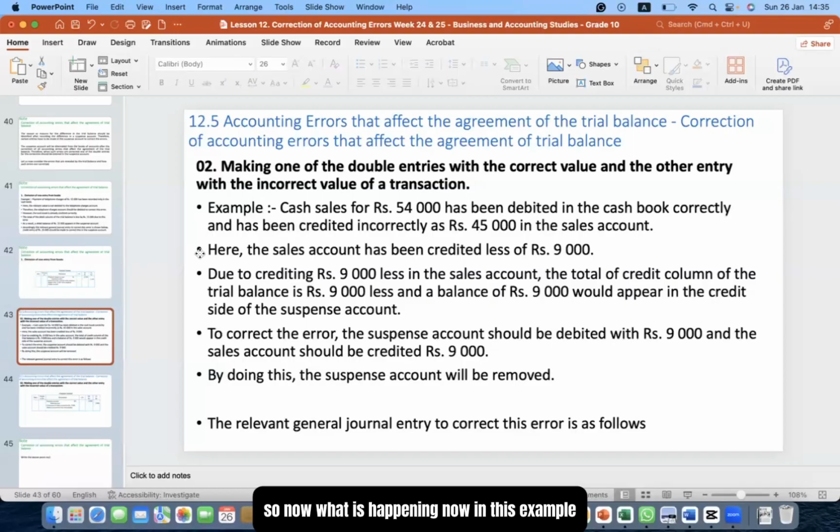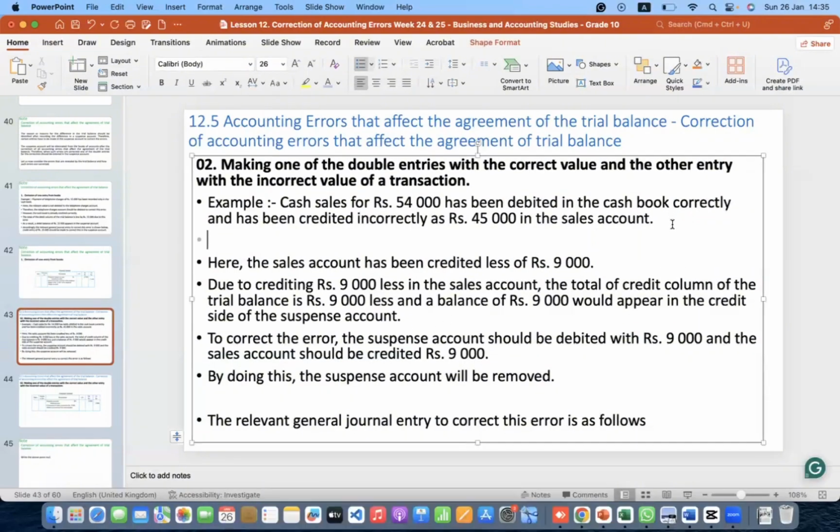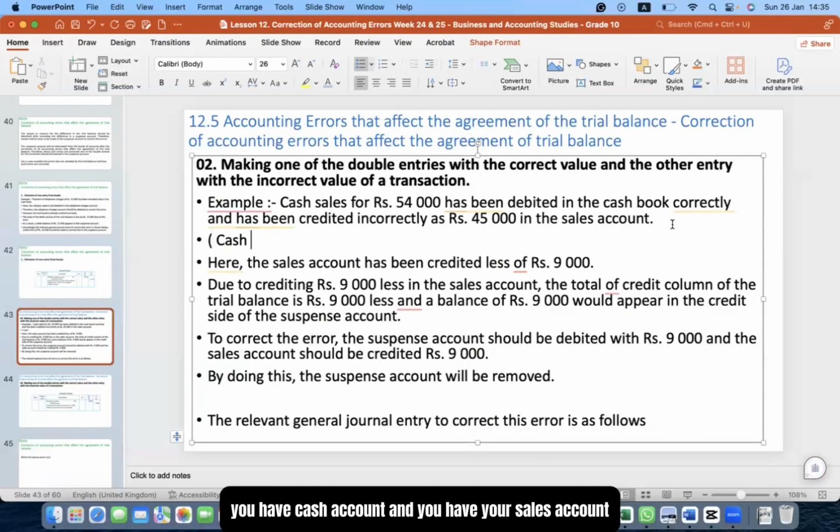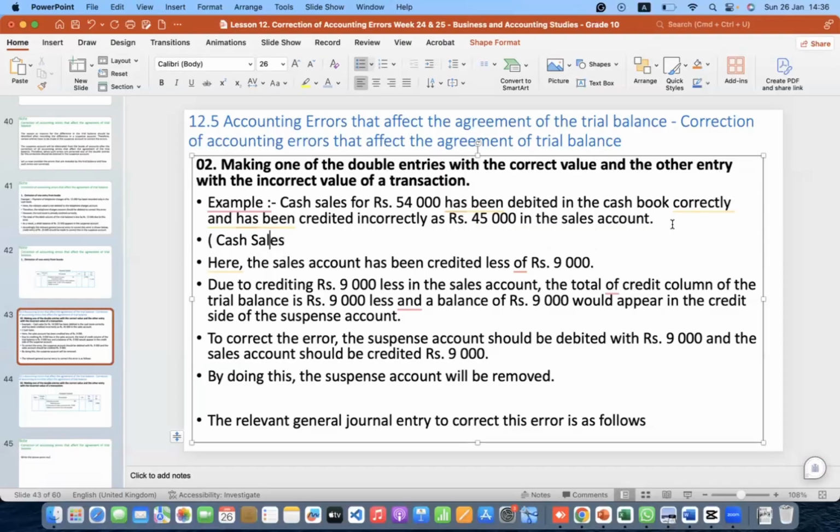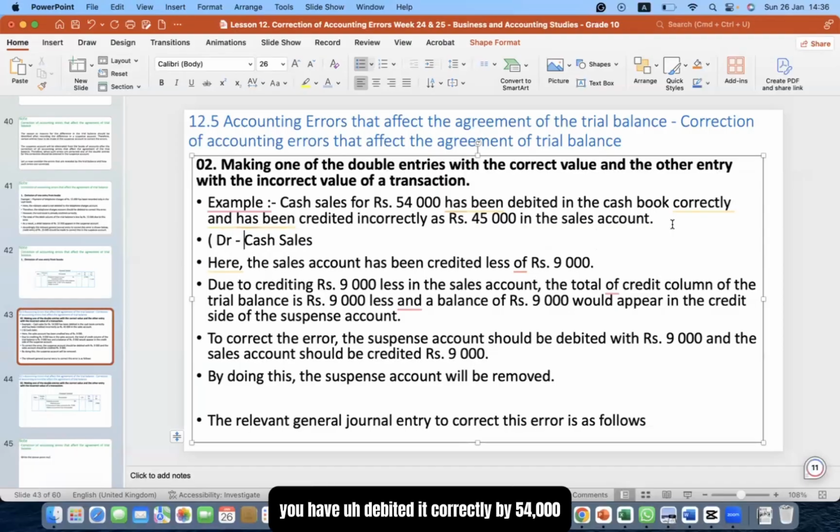So now what is happening? In this example, you have your cash account and you have your sales account. Since you have received the cash, you have debited it correctly by 54,000.